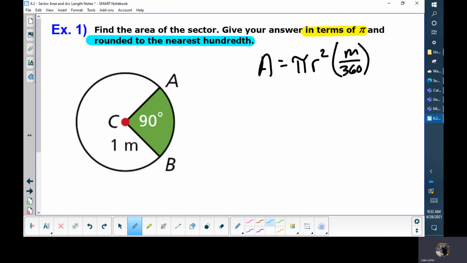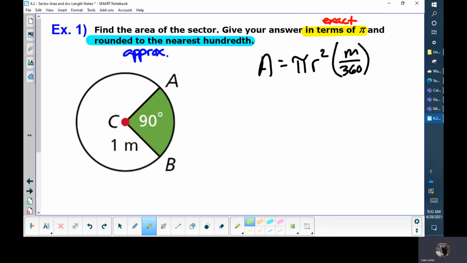So they want an exact answer and they want an approximate answer where I use a calculator. And all I'm doing is plugging in two numbers and I'm cleaning it up a little bit. The exact answer is harder than the approximate answer. Okay, you guys are really good at typing stuff into calculators.